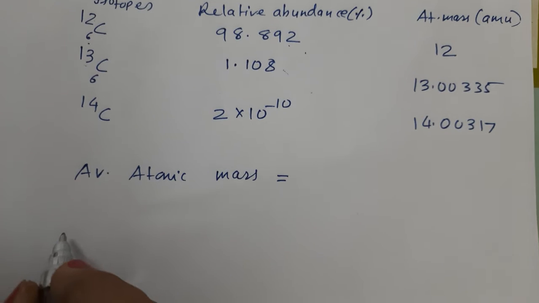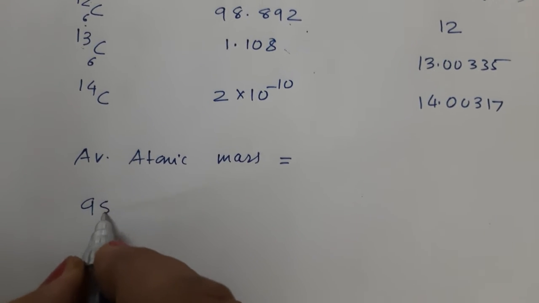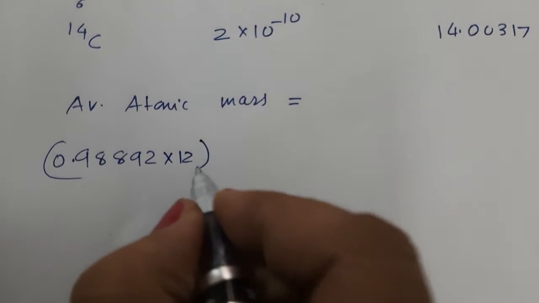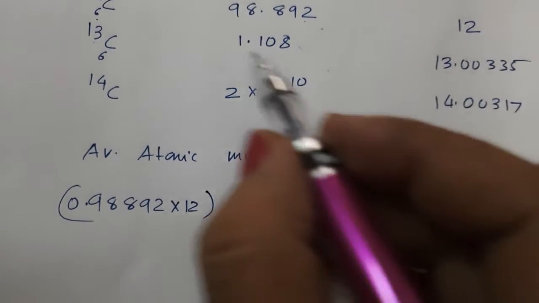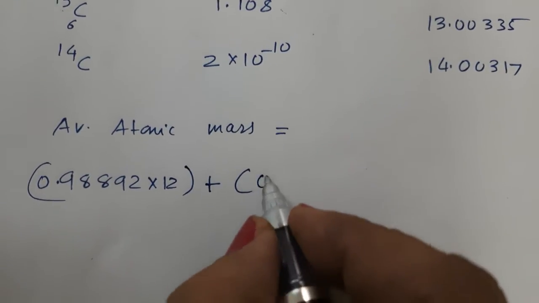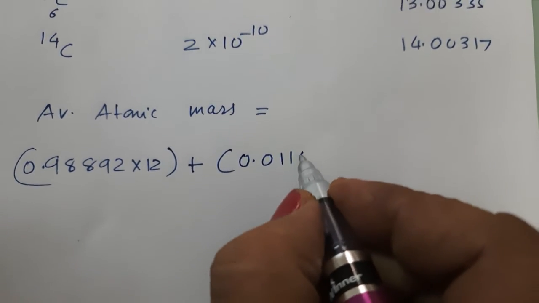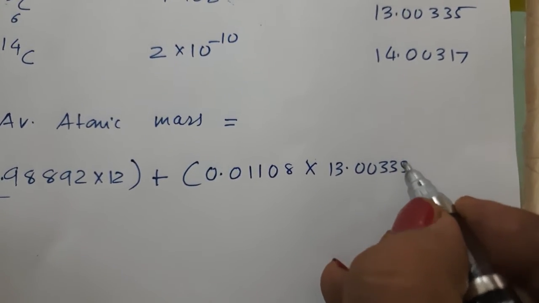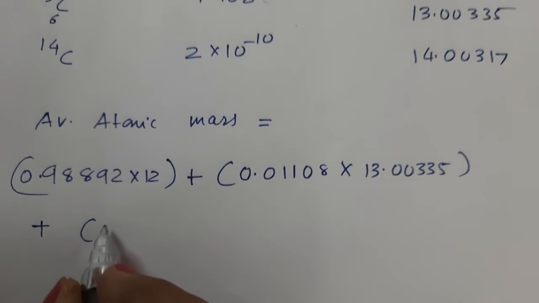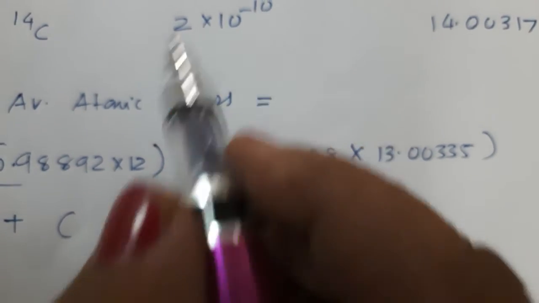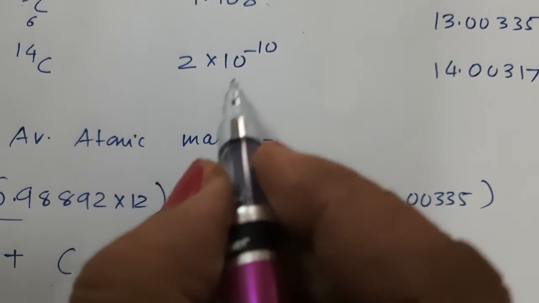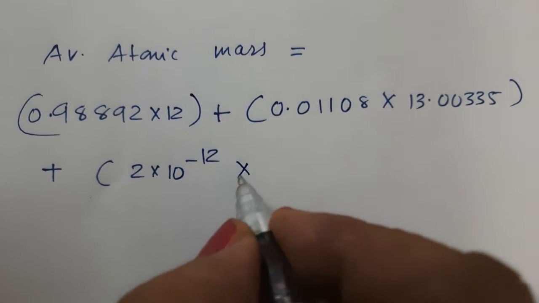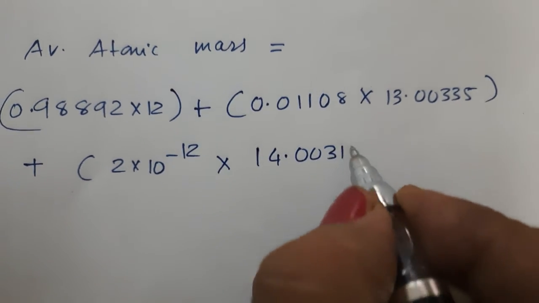So it will be percent, right beta, so divided by 100, so 0.98892 multiplied by 12 plus, again this will be divided by 100, so 0.01108 into 13.00335 plus 2 into 10 raised to power minus 10, that is when you divide it by 10 raised to power 2, so 2 will go to minus 12, so 2 into 10 raised to power minus 12 into 14.00317.